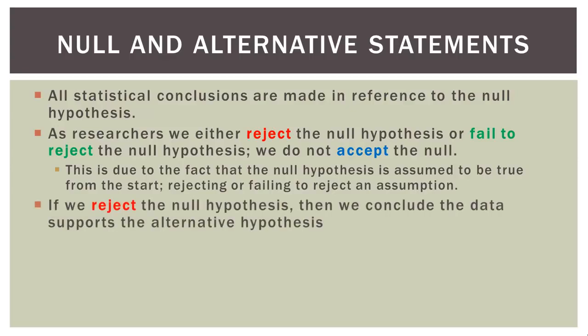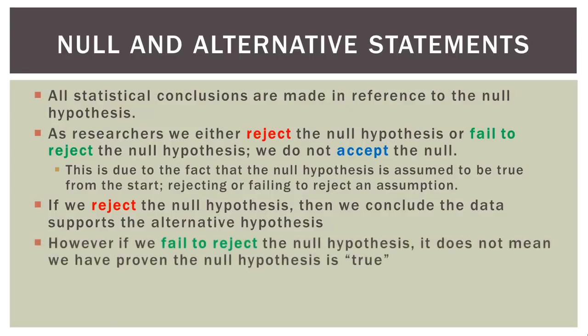Now, if we do reject the null hypothesis, then we conclude the data supports the alternative hypothesis. However, if we fail to reject the null hypothesis, it does not mean we have proven the null hypothesis is true. So again, the ideas of truth and proving and things like that, I'll talk about here in a bit.